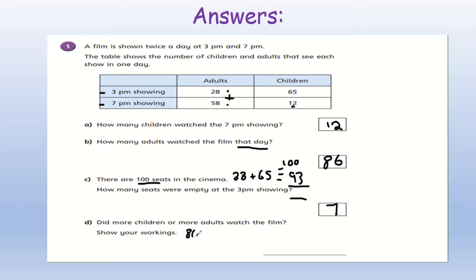So children would be 65 add 12, which is 77. So were there more adults or more children? Excellent. There were more adults. How did you do with this timetable?